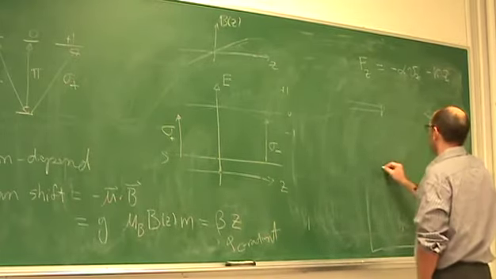Let's assume this is the z-axis. This is my magnetic field as a function of z. What I want is that when the atom moves to positive z, it gets pushed backwards. So I should make this sigma minus.